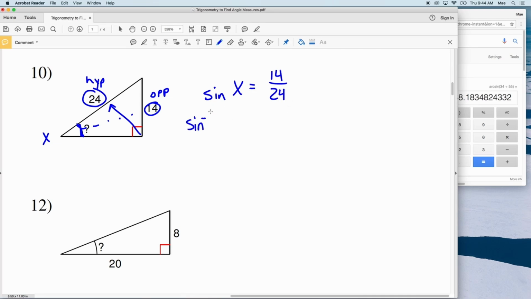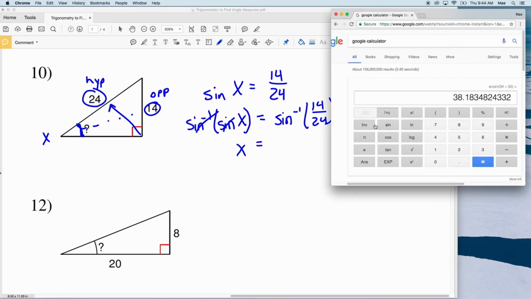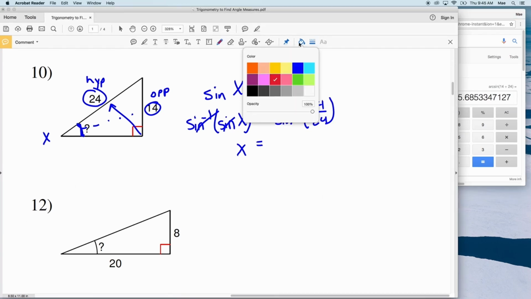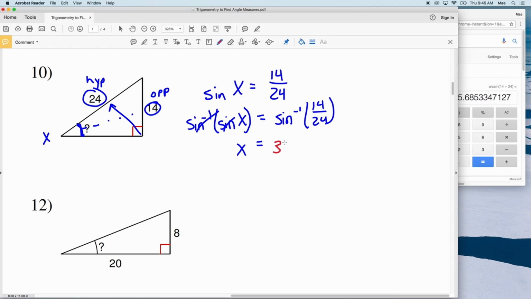Take the inverse sine of both sides. To get that x is equal to the inverse sine of 14 over 24, which is 35.6, which rounds to 36. So x is approximately 36 degrees.